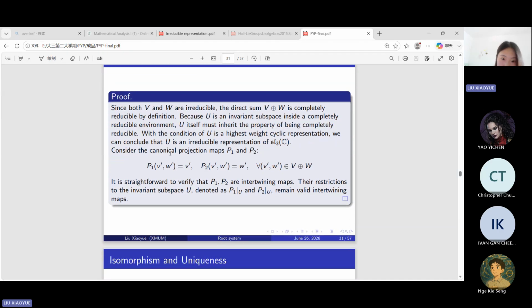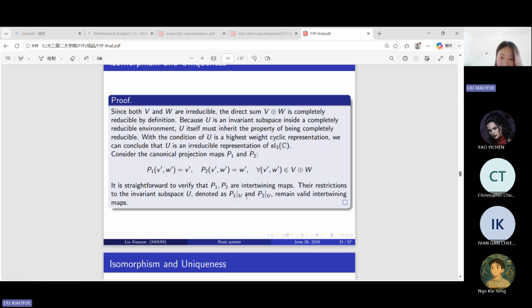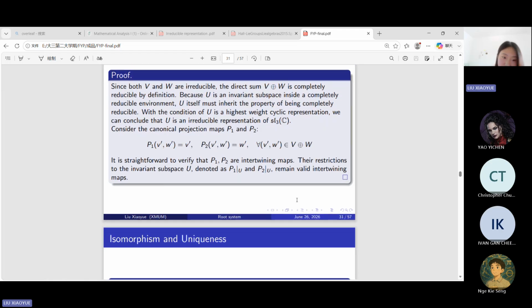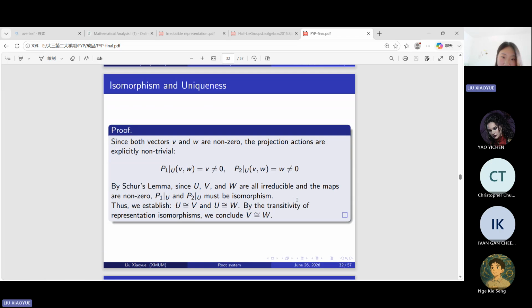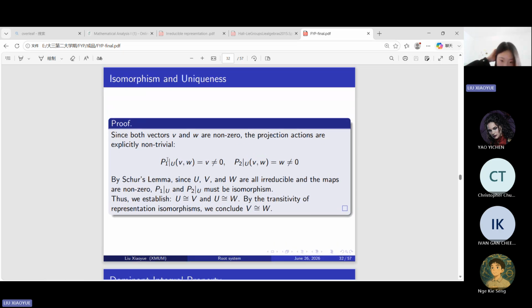the canonical projection maps P1 and P2. Since P1 and P2 are intertwining maps, their restrictions to the invariant subspace U, denoted P1 restricted to U and P2 restricted to U, remain intertwining maps. Since v and w are non-zero, we know the maps are also non-zero.